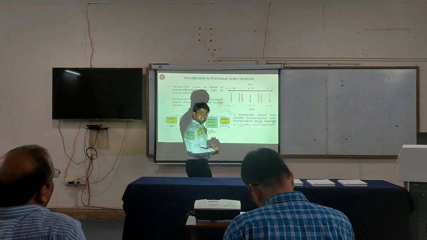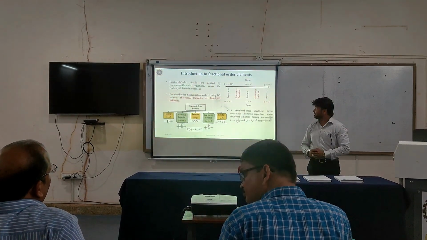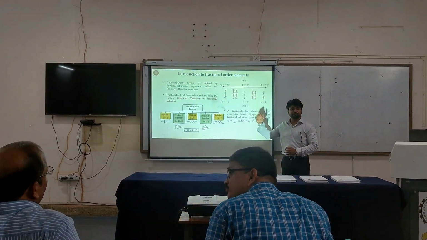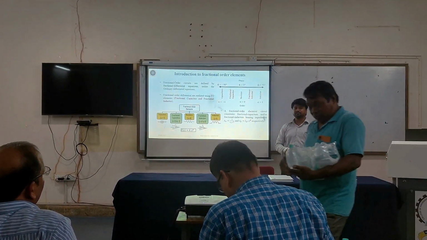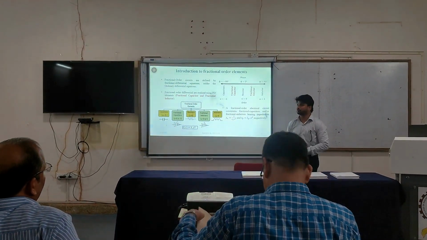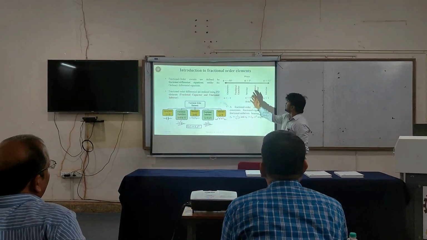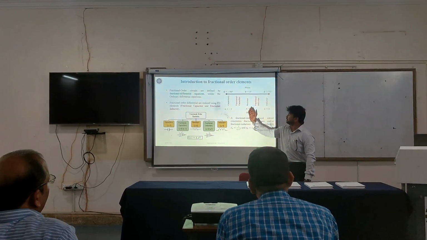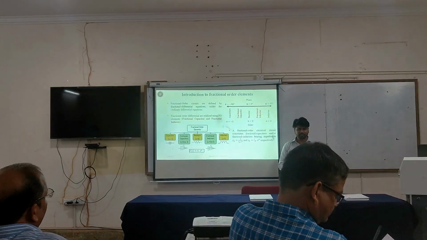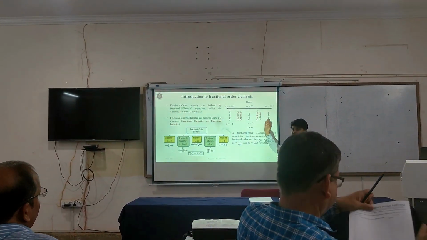Generally, there are three circuit elements: resistor, capacitor, and inductor. A resistor has a phase shift of 0. The capacitor has a phase shift of -90, whereas the inductor has a phase shift of +90. But for a fractional capacitor, its phase lies somewhere between 0 and -90, and for a fractional inductor, its phase lies between 0 and +90.